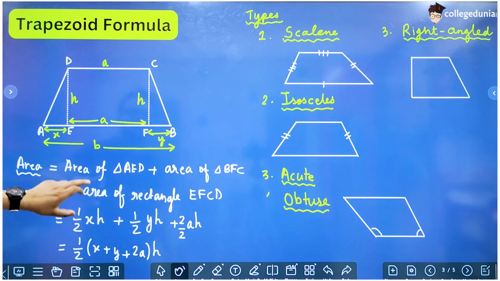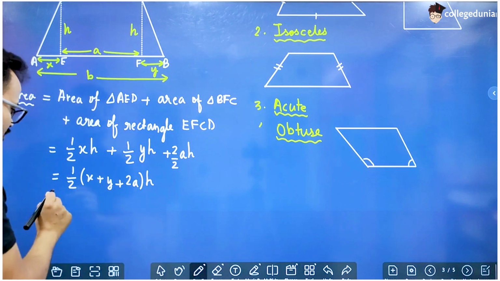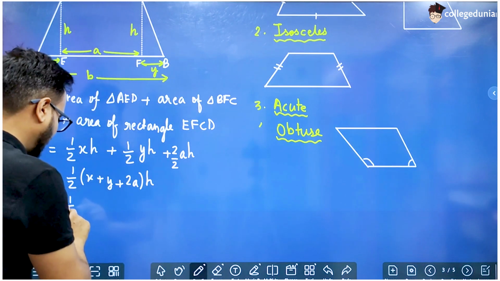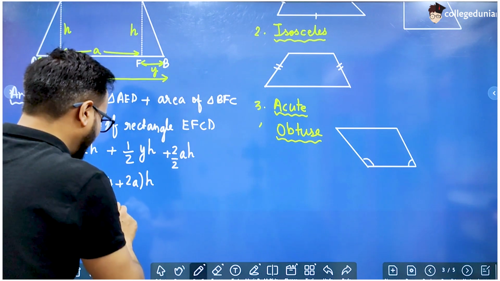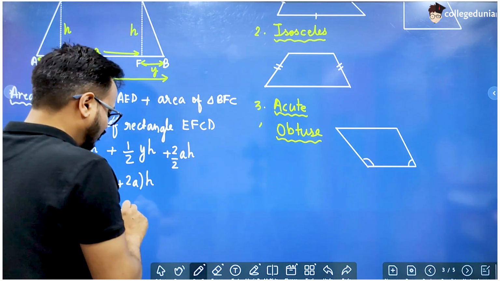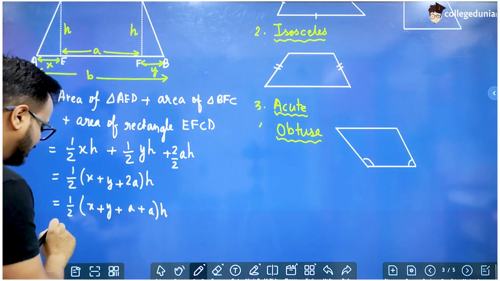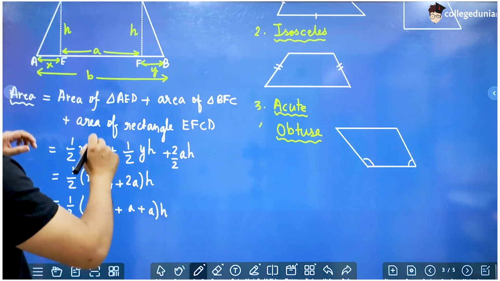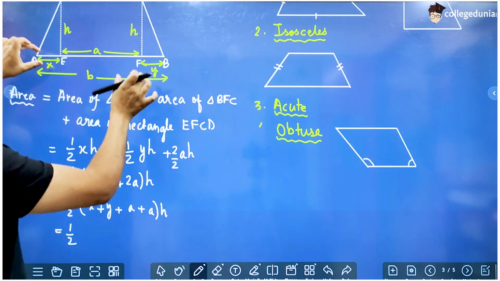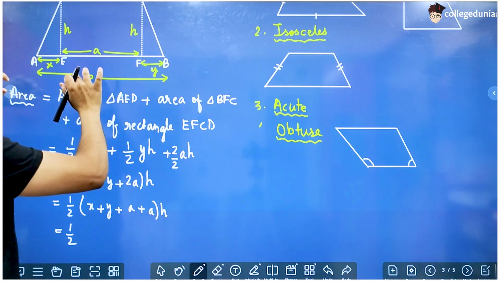Now what we will do, if we write 2a as a plus a, the expression is half into x plus y plus a plus a into h. x plus y plus a is nothing but the length of this side, which is b, right?